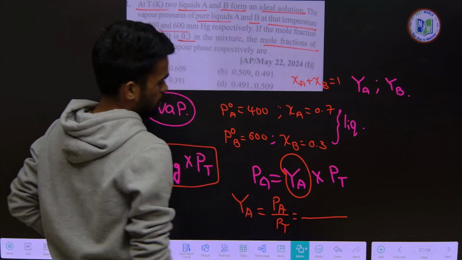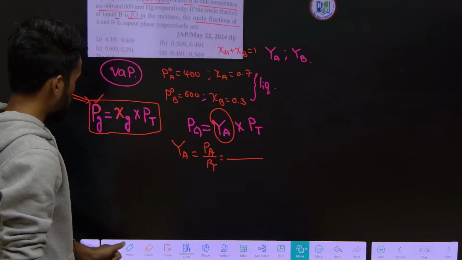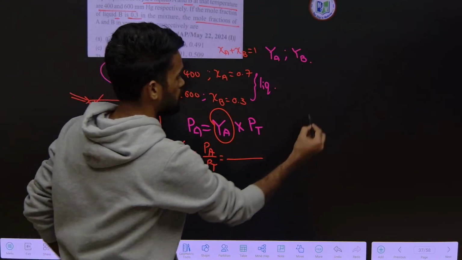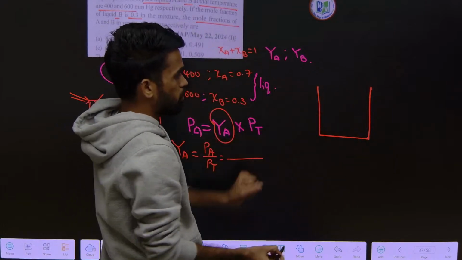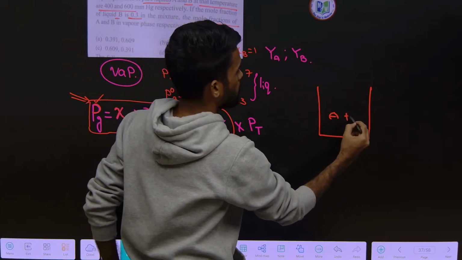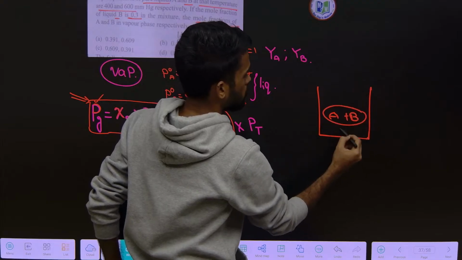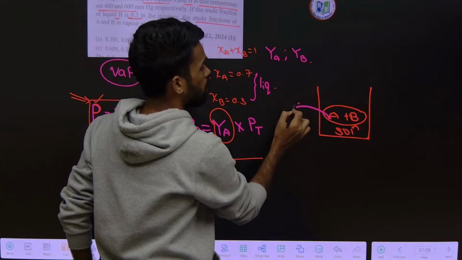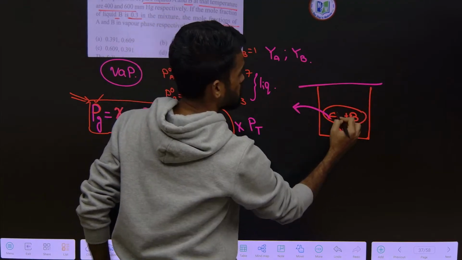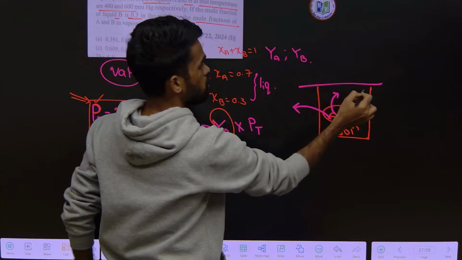So Pa, how can you write? Pa means the vapor pressure of A in this solution. If this is the beaker containing the A and B solution, what is the vapor pressure exerted by this A in this beaker?